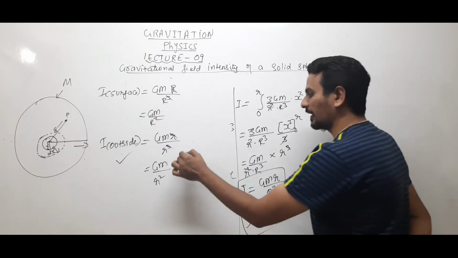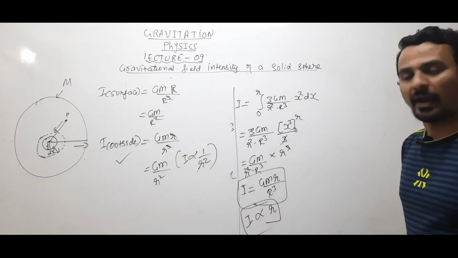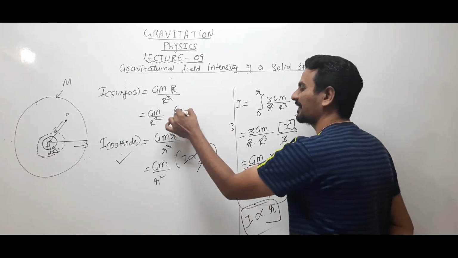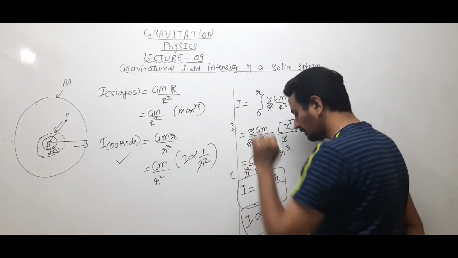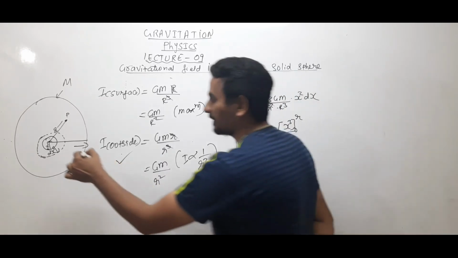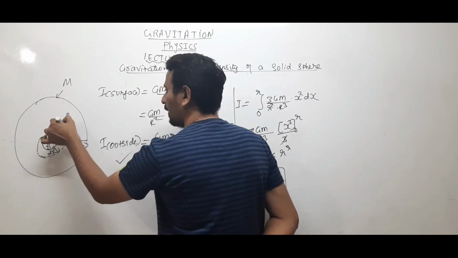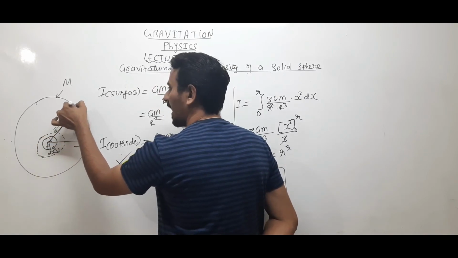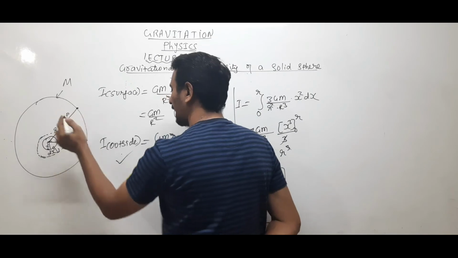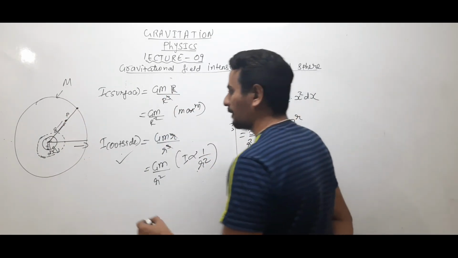Outside the sphere, the intensity is inversely proportional to r square, and on the surface it will be maximum.